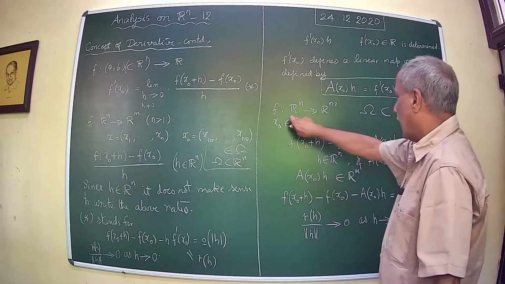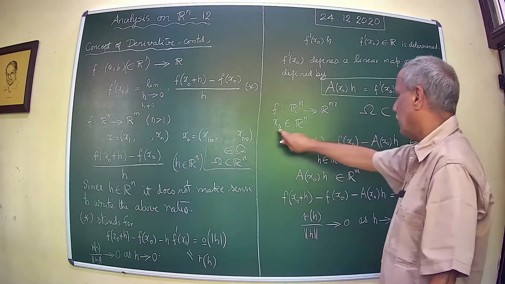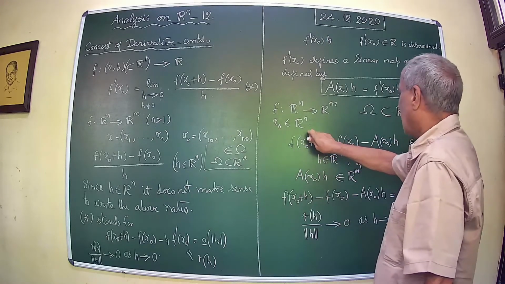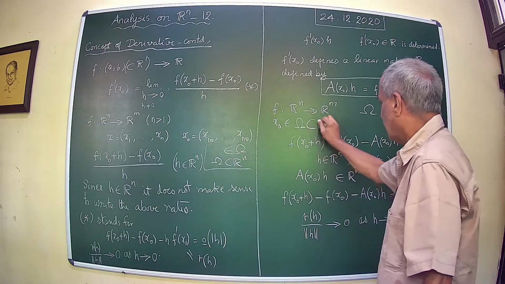given f from Rn to Rm, f is defined on an open set omega and x naught is in omega in Rn.